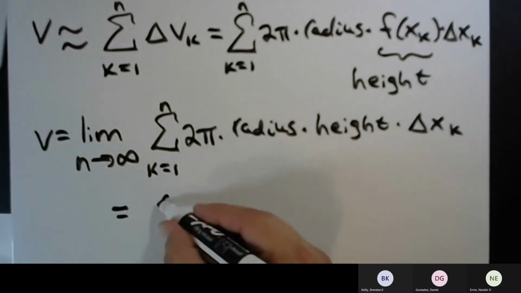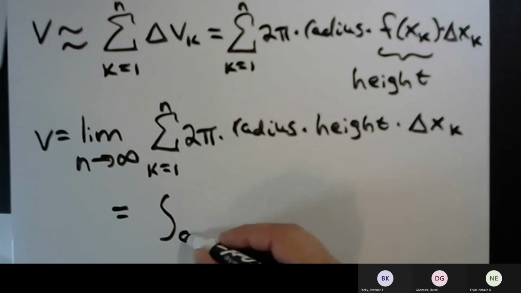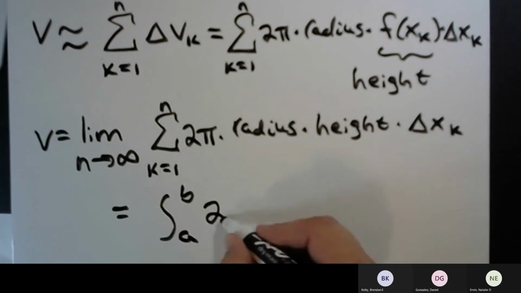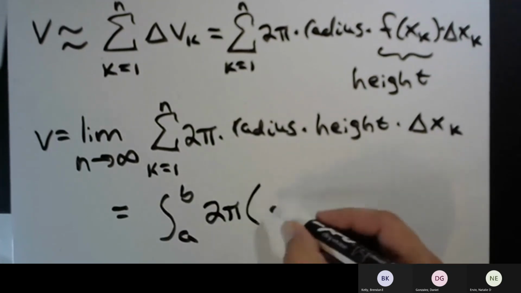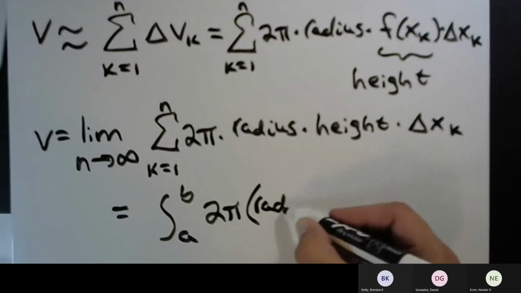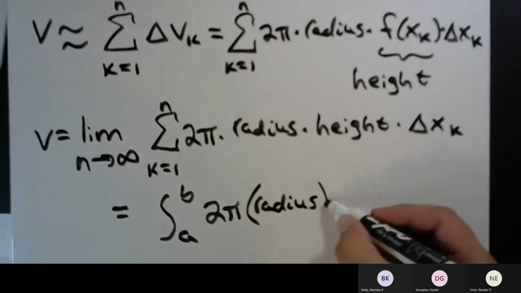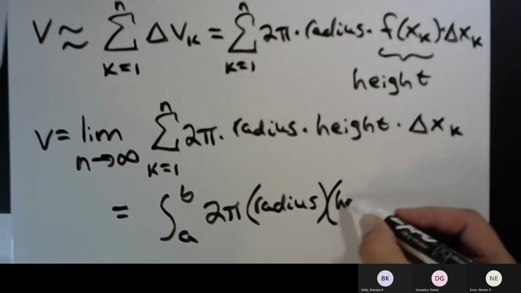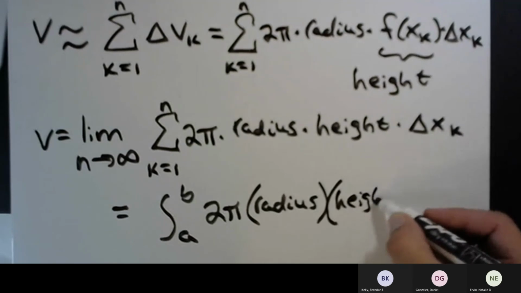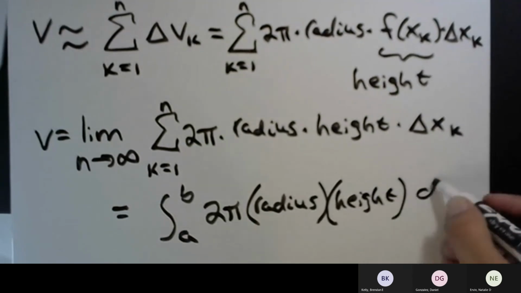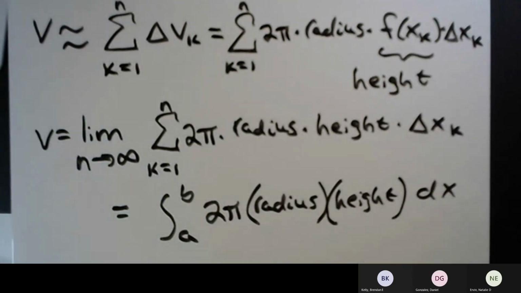Or this is going to be the integral from a to b of 2 pi times radius times height dx. Questions about that?